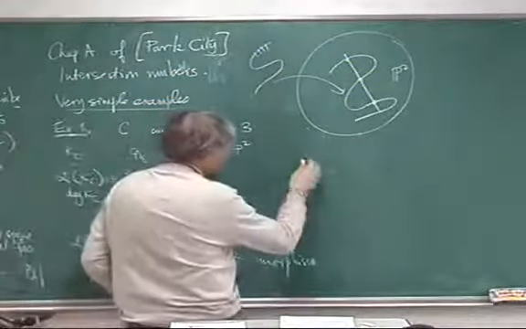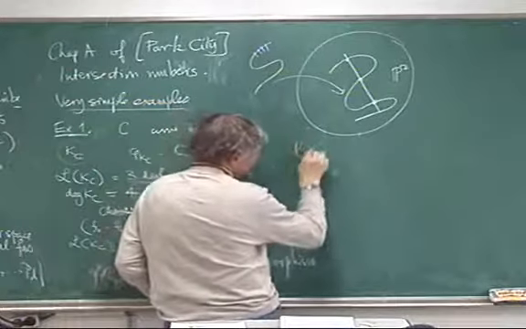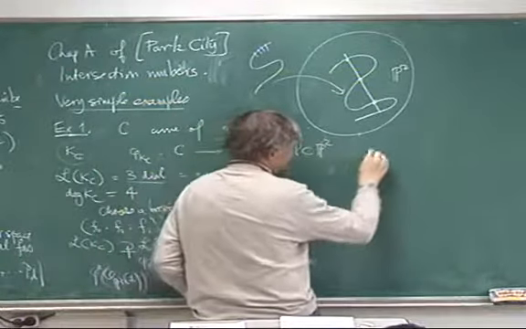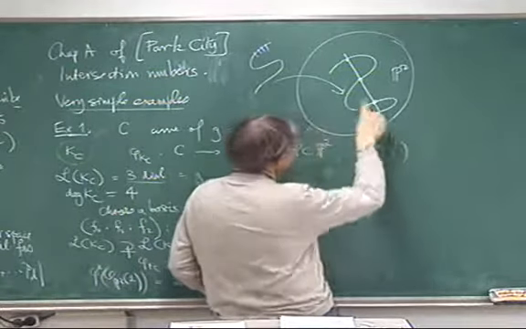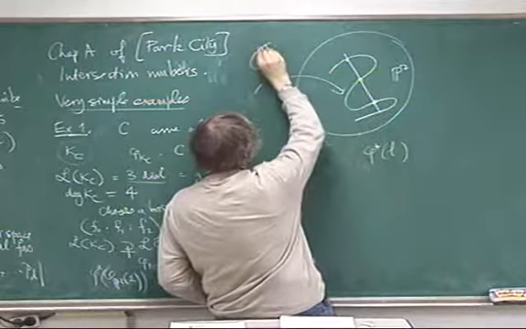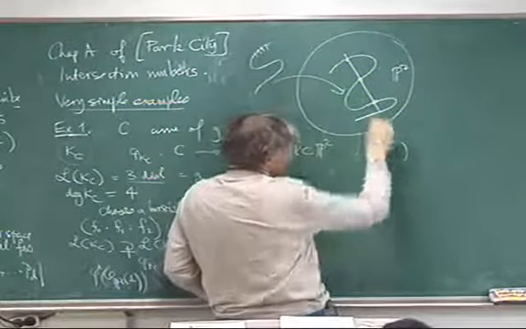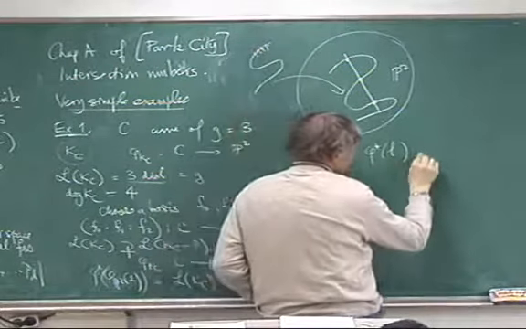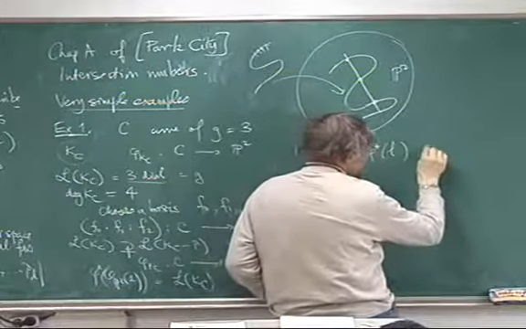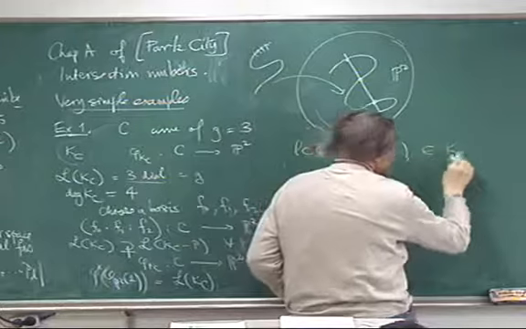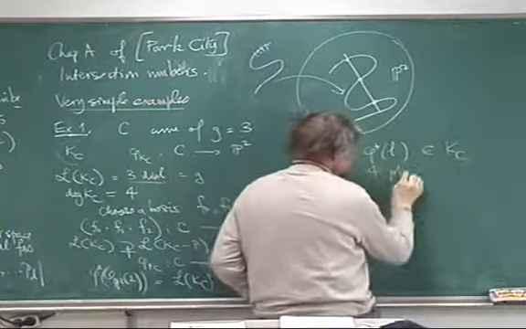So if I take a line in P2 and take the pullback of the line, so this means I intersect here and then I take all the inverse images of all these points, then this is a divisor in KC. So this is 4 points.